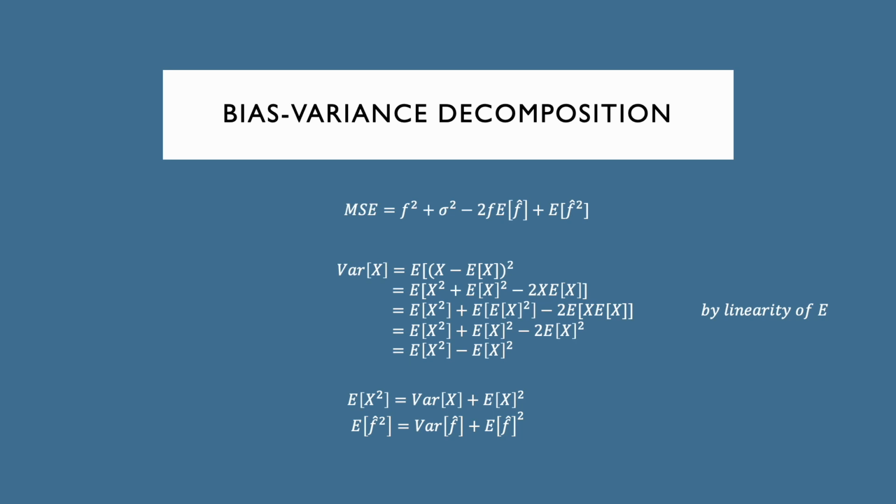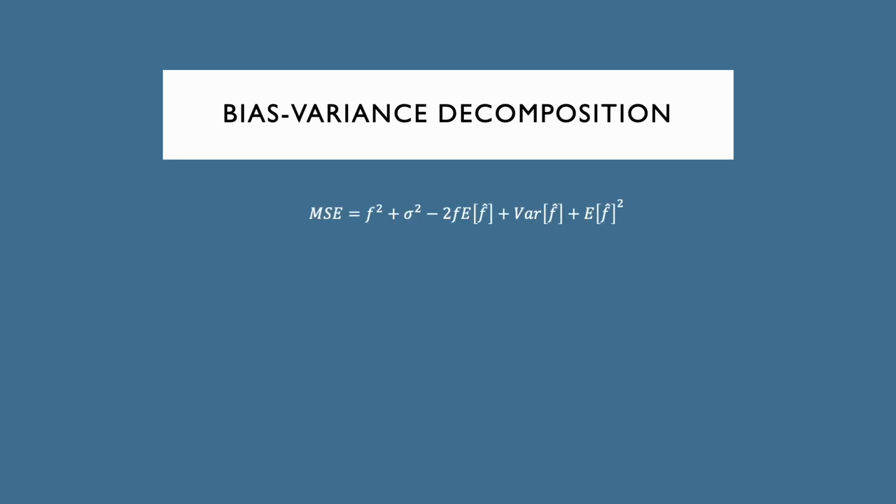Now if we look at that last term, which was the expected value of f hat squared, we can write it as follows. Now let's write out the whole equation that we have until now. So mean squared error is f squared plus sigma squared minus 2 times f times the expected value of f hat, plus the variance term, plus the expected value of f hat, squared.